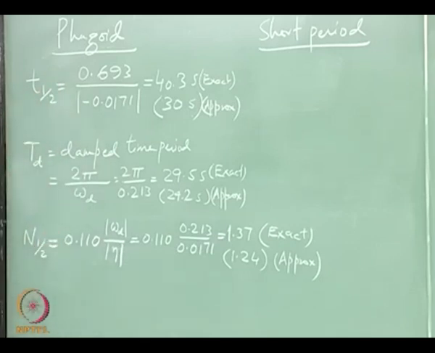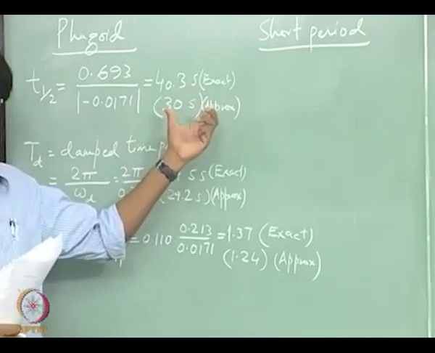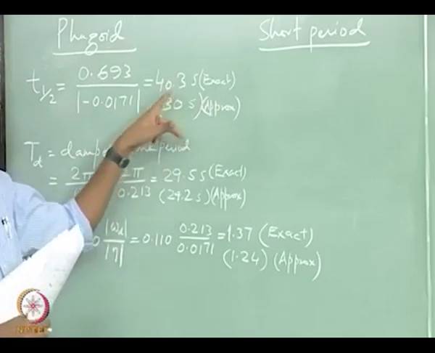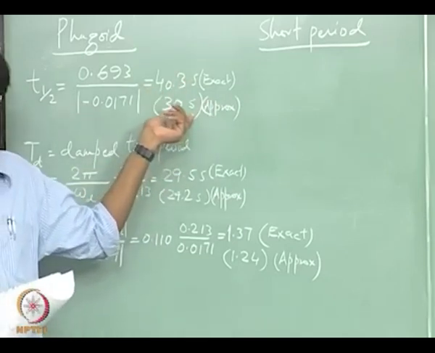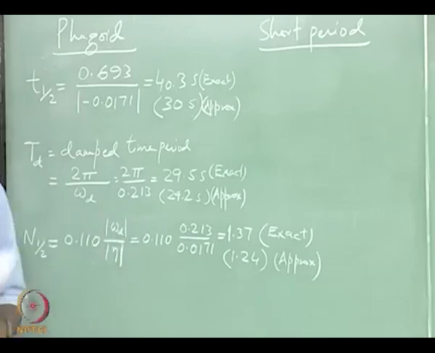The approximation involved was that delta alpha, the change in angle of attack, is 0, and that is resulting in an error. This is the exact value and this is the approximate value. So, there is a huge amount of error involved.